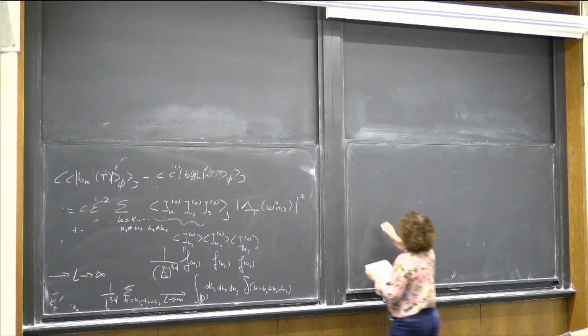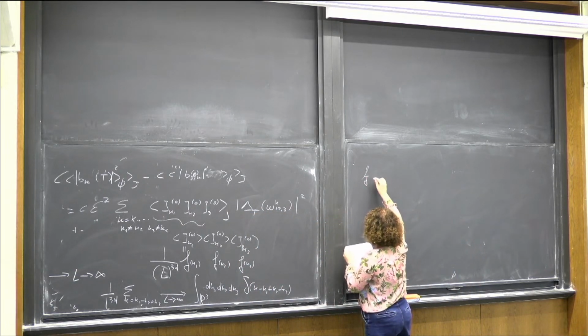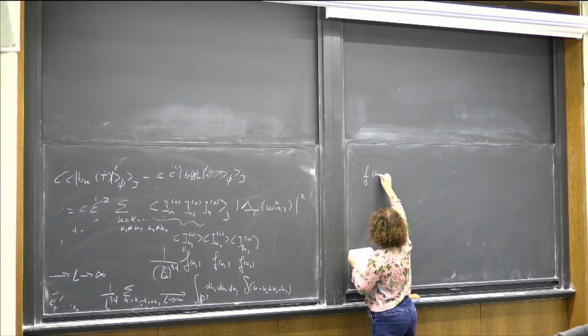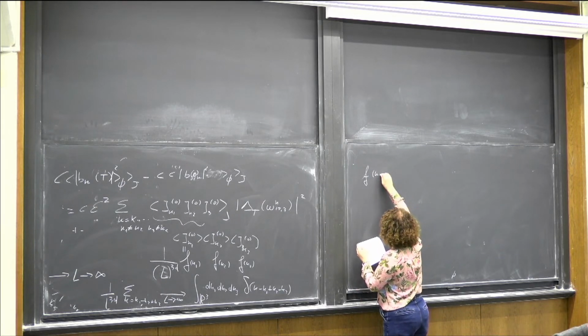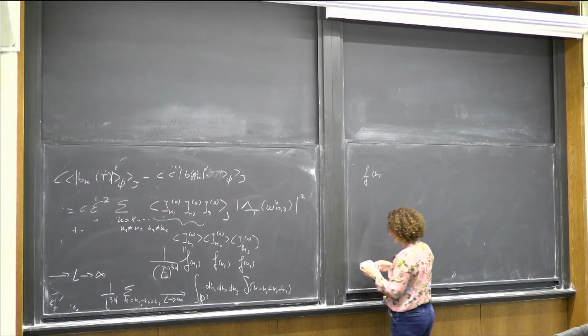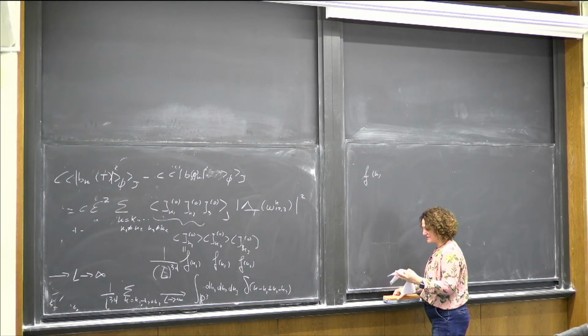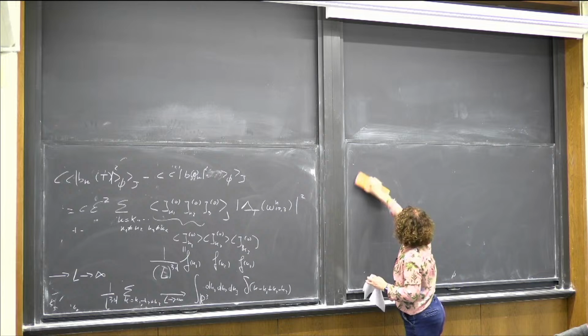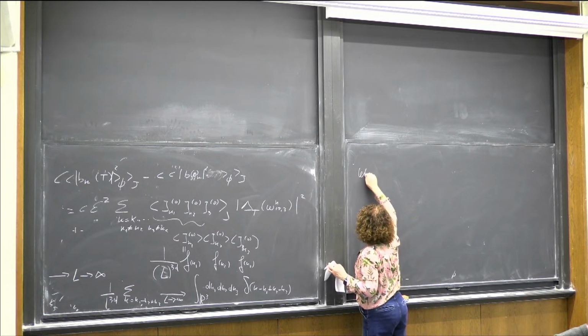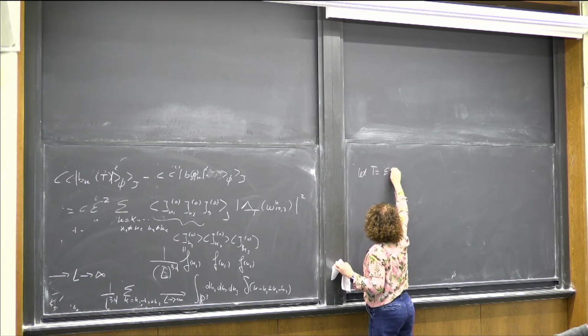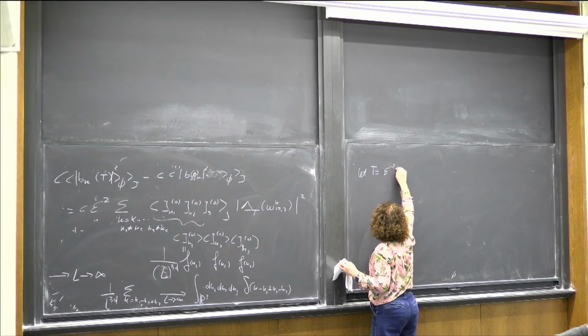So we get the following. So f of k, t, let me call it, okay, so now let t equal epsilon minus 2 tau.